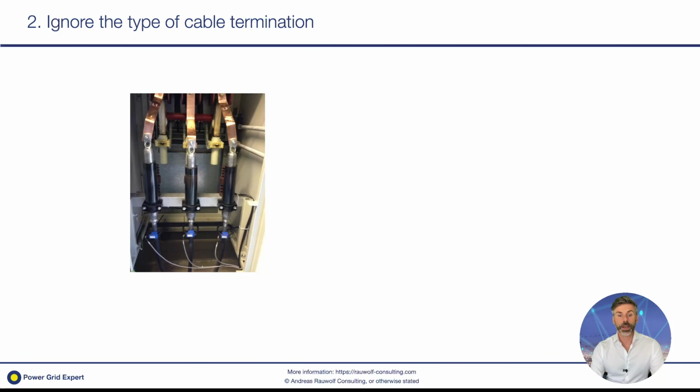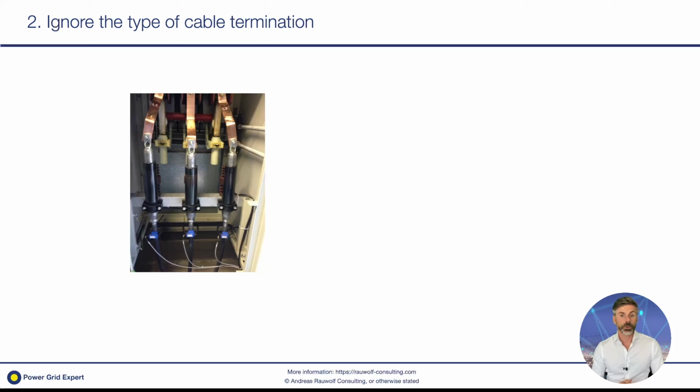Ignoring the type of cable termination is the second mistake. The distribution grid is a living organism. A transformer easily lives 30 years, 40 years, maybe even longer. And technology changes in decades.